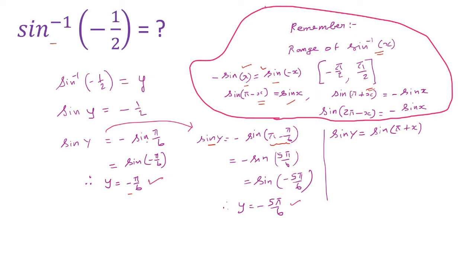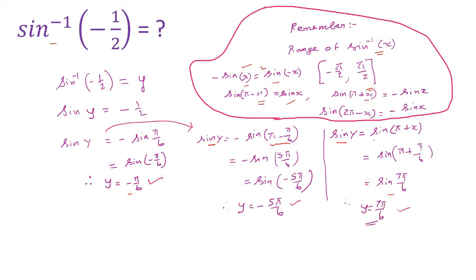That is, minus sine pi by 6 can be written as sine pi plus pi by 6. So sine y is equal to sine 7 pi by 6. So we got one more value here.